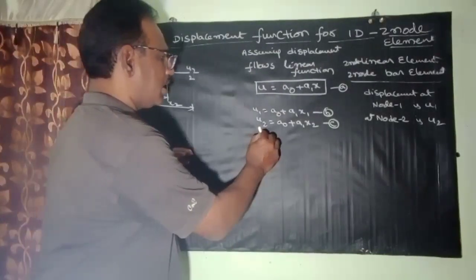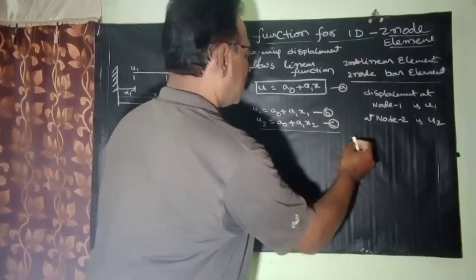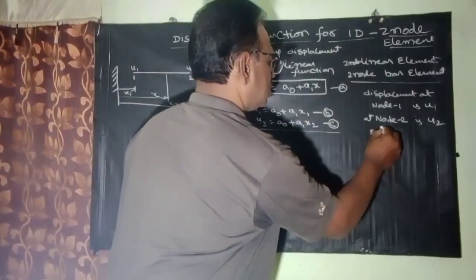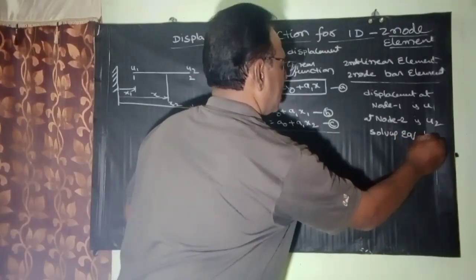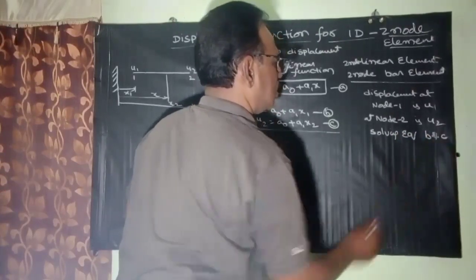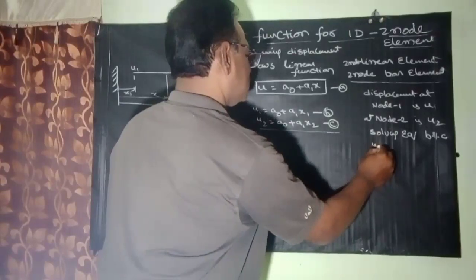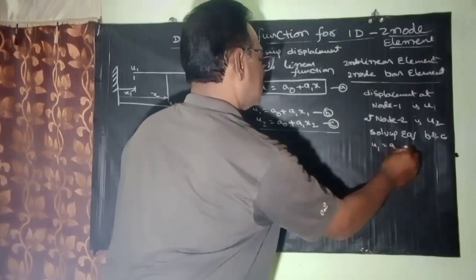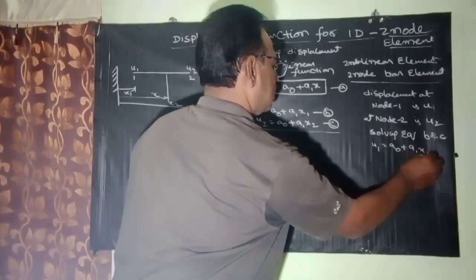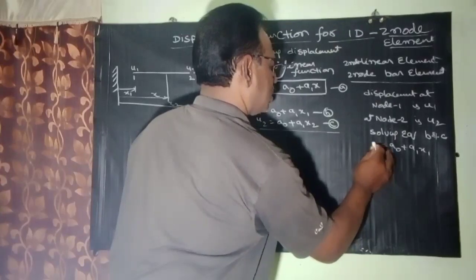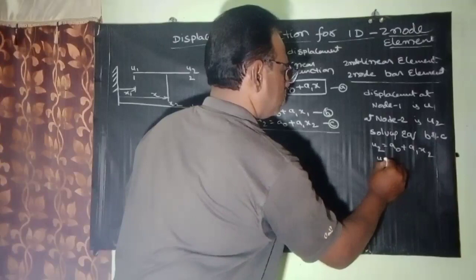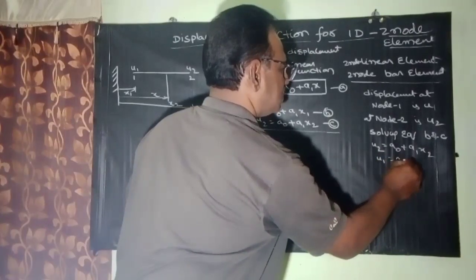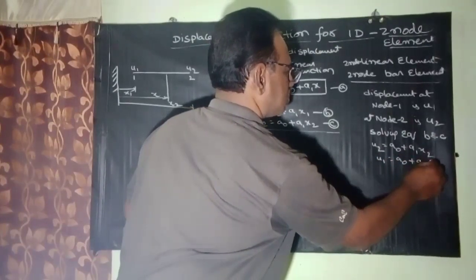So we are solving equations B and C: u1 equal to a0 plus a1 x1, and u2 equal to a0 plus a1 x2.